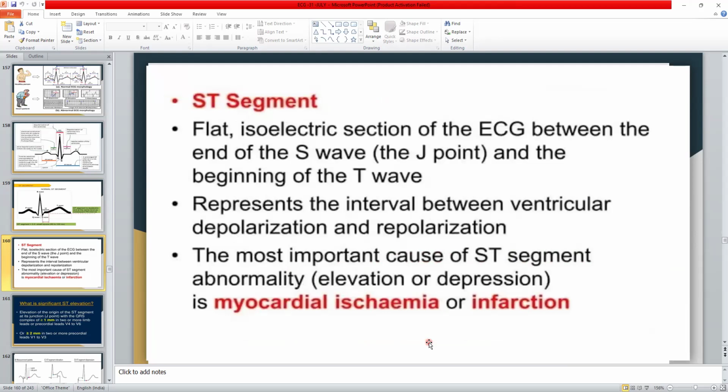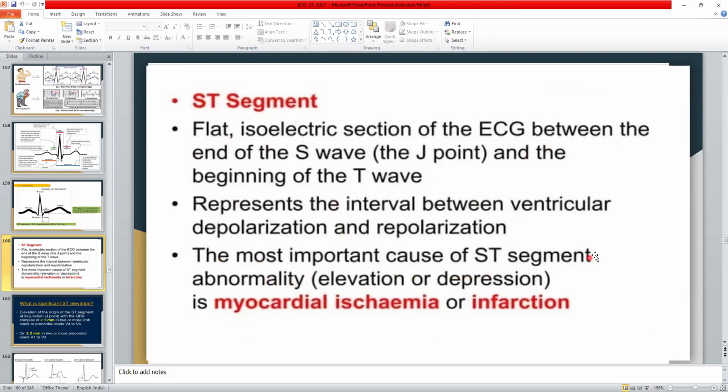This ST segment is the plateau phase of the depolarization of both the ventricles, right and left, where the heart muscle maintains its contraction to pump the blood. So it is always a flat, isoelectric section of the ECG, between the J point and the T wave.